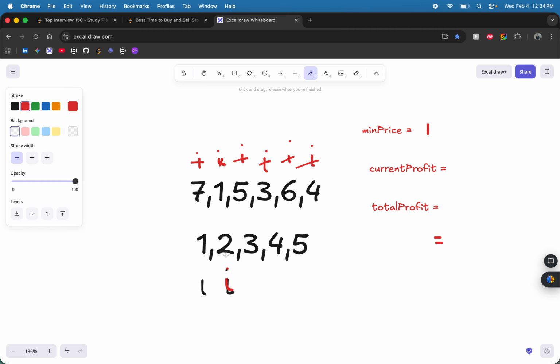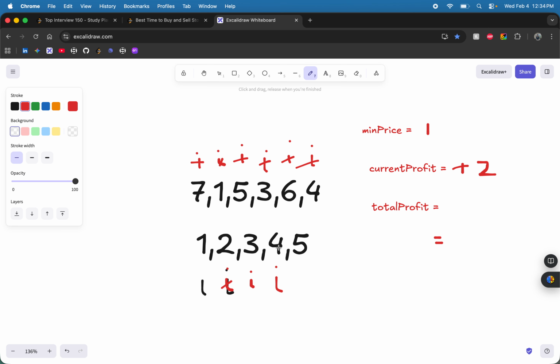All right, so this one is greater than the mean price, so we'll calculate the current profit. Current profit is 2 minus 1, which is 1. We come here, we calculate with the mean price, 3 minus 1, 2. So we update the current profit, it is 2.